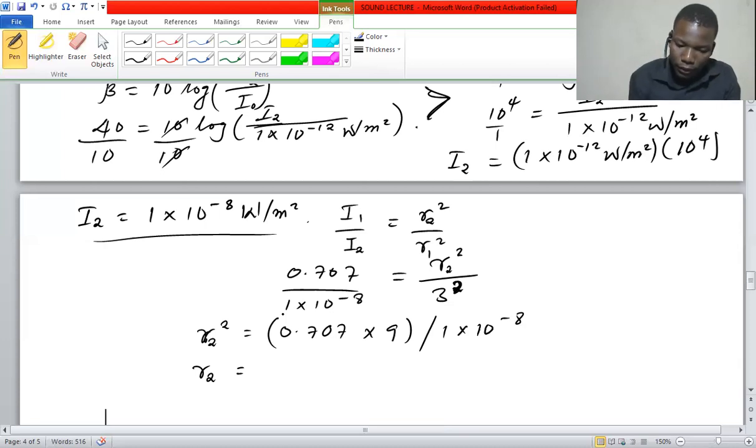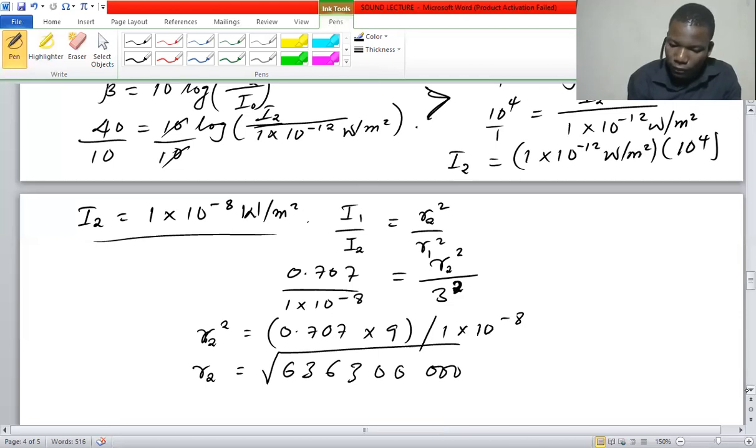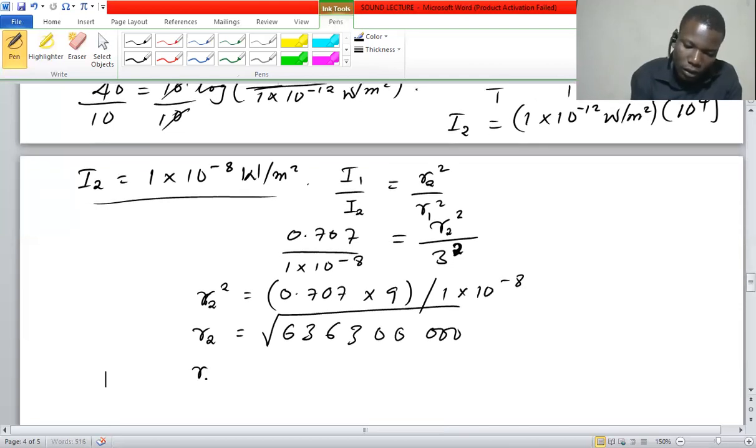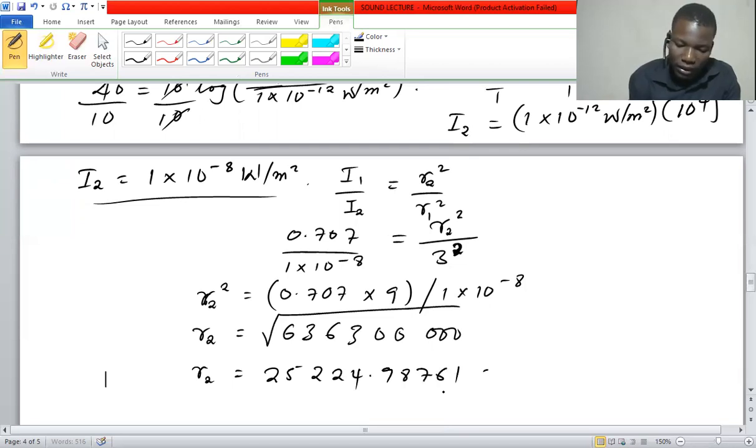Okay, so we're going to have a root of 63. Square root of that, we get R2 being equal to 224.98761 meters.